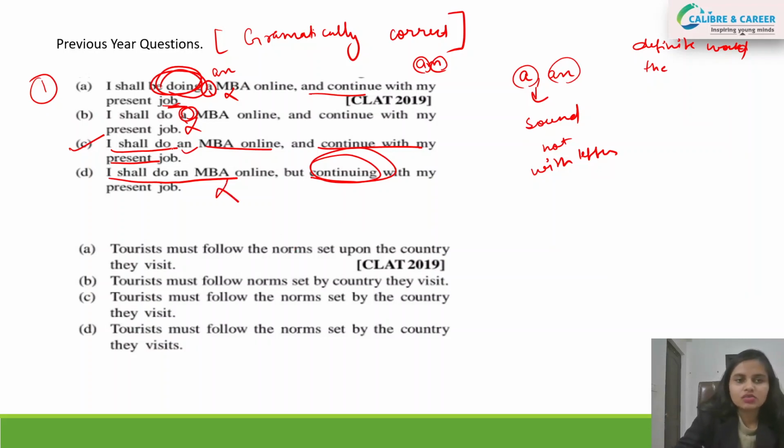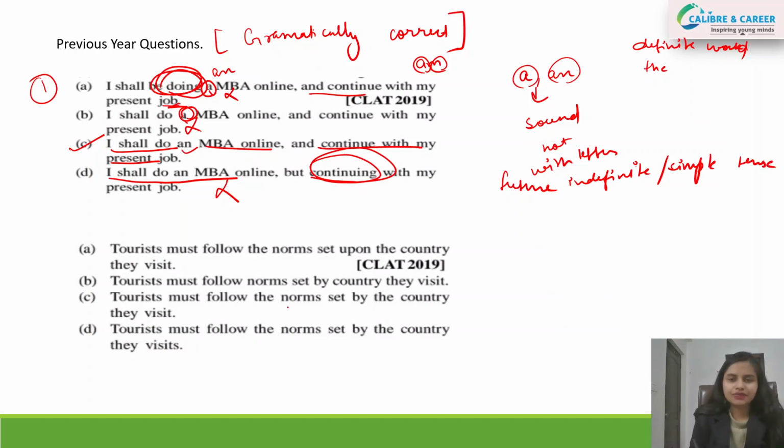First of all, the verb that is used here is future indefinite, or you can say future simple. Future simple tense is used in this. So that's the reason it should be I shall do an MBA, the article, and continue with my present job. So your C will be correct.